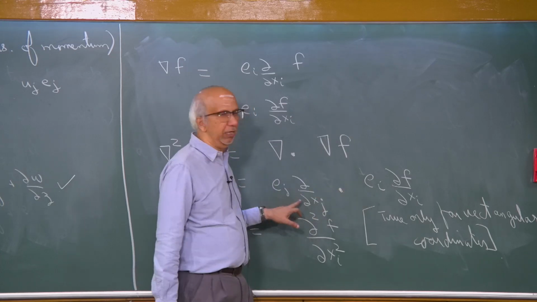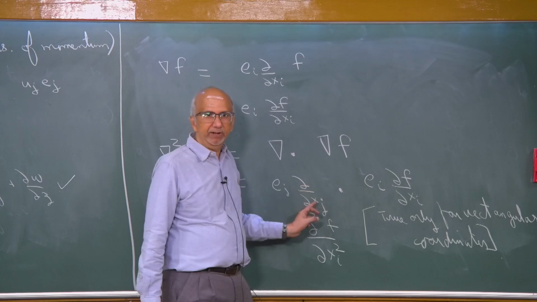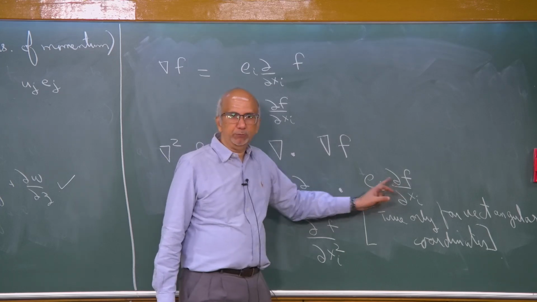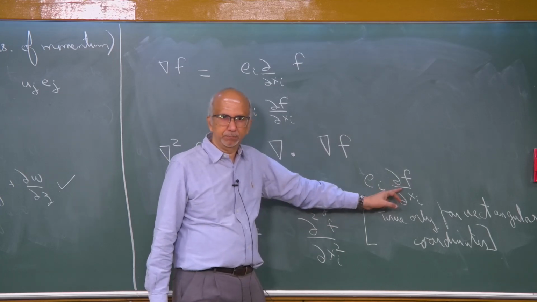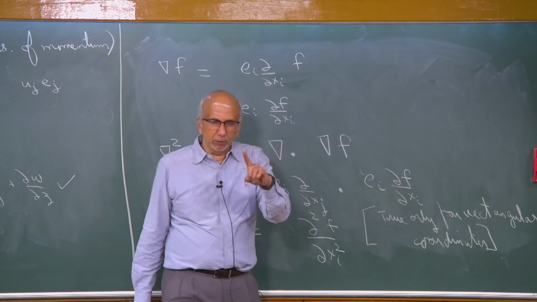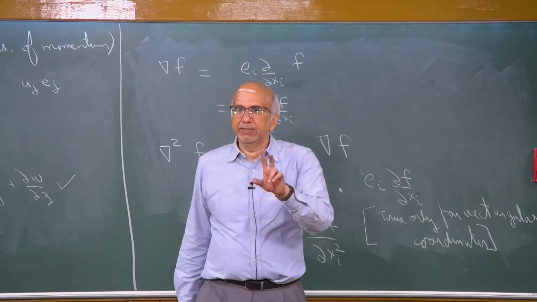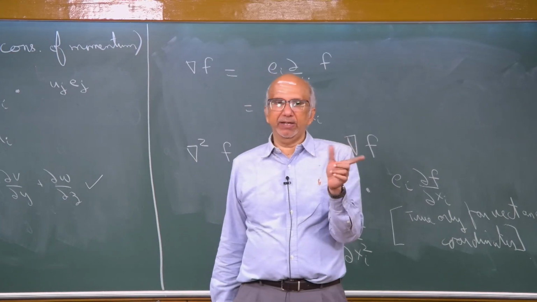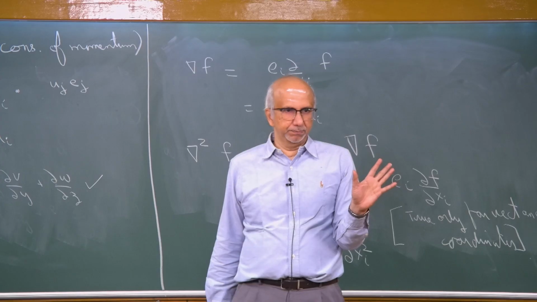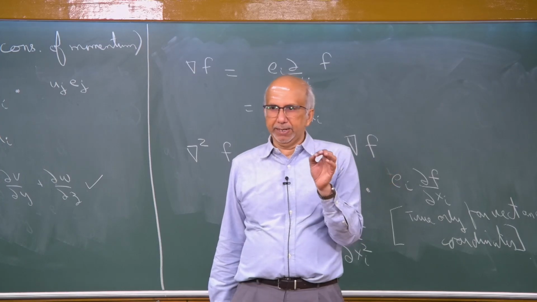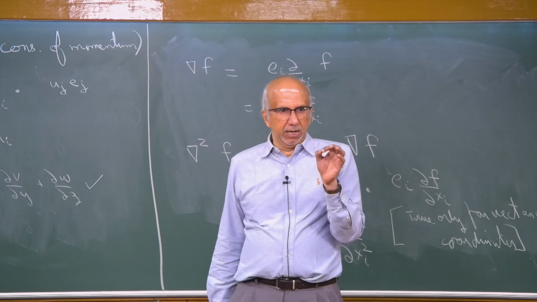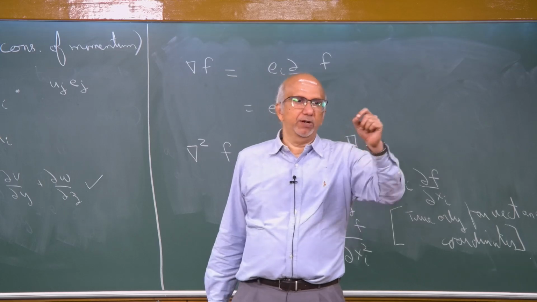So you have to treat it as the derivative of a product of two things. In rectangular Cartesian coordinates, if I vary x, the directions of Ex, Ey, Ez do not change, they are fixed. The directions of the unit vectors do not change when you go from one point to another point.